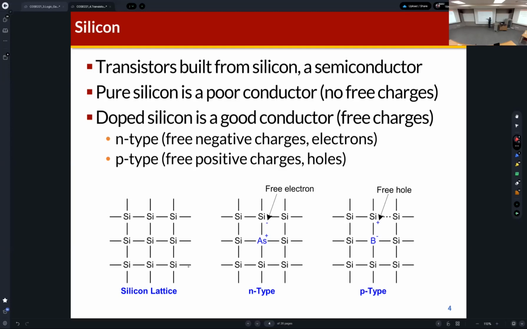This N-type material has many free electrons, so it has different properties compared to pure silicon. Then P-type has fewer free electrons. So we can say that the P-type material has holes. It's a kind of plus charge element.